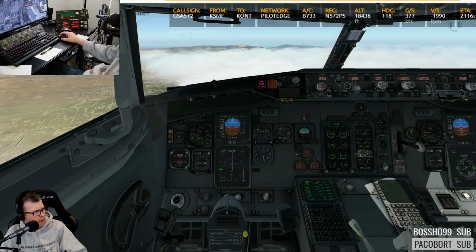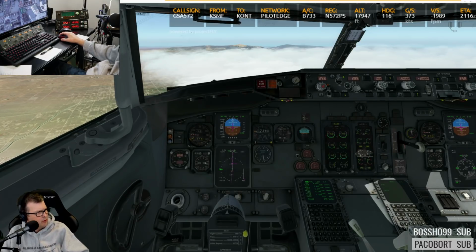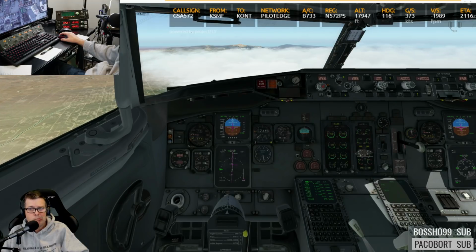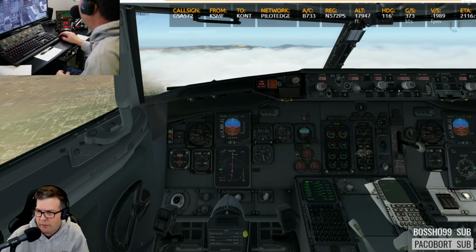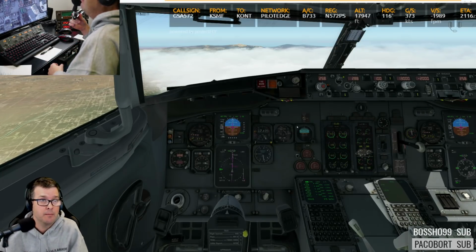Ceiling is 900 overcast at Ontario. Light rain and mist. Huh. All right, I've got a local altimeter of 29.92, so I guess we could leave it the same.